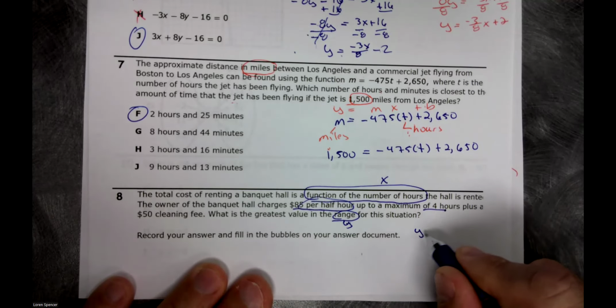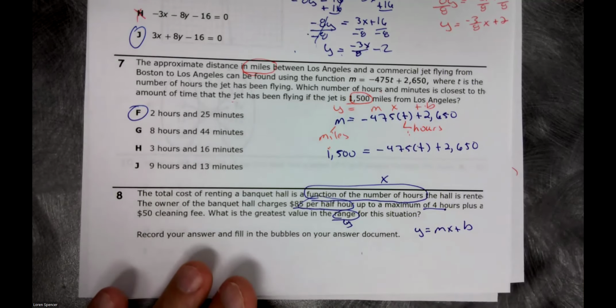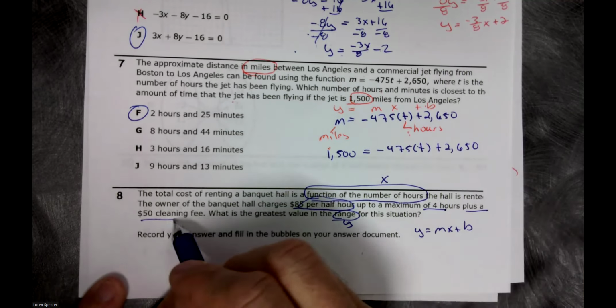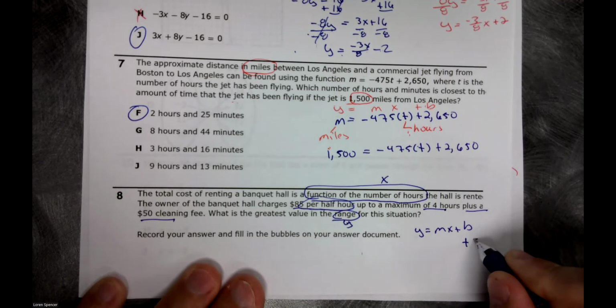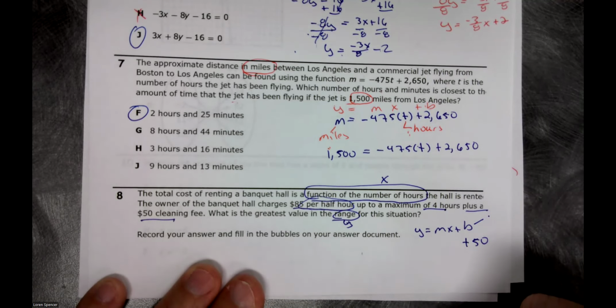Well, that tells me we have y equals mx plus b. Now, this is crazy. They really messed us up on this. All right. They charge a cleaning fee of $50. So that's plus 50 because that's my y-intercept. That's my constant. It doesn't change.